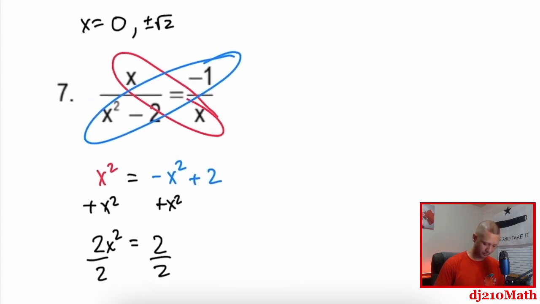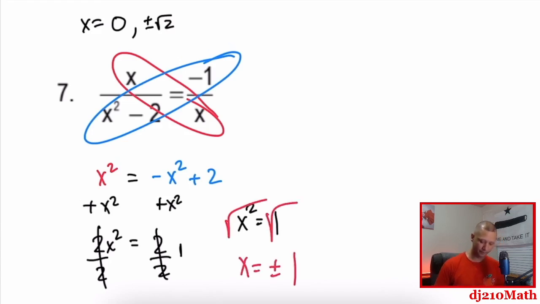Dividing 2 out, we're going to get, where there's a 1 here, right, when it cancels. So x squared is equal to 1. Solving this for just x is equal to plus or minus 1. We have two answers, positive 1 and negative 1.